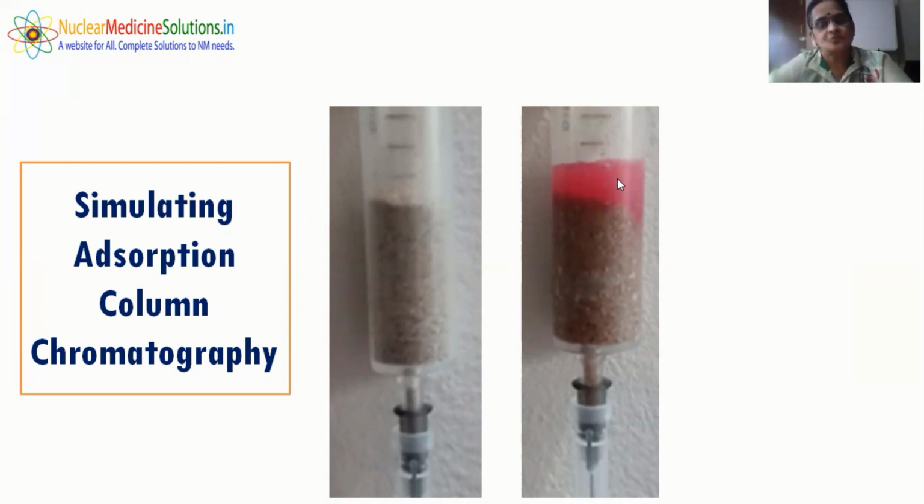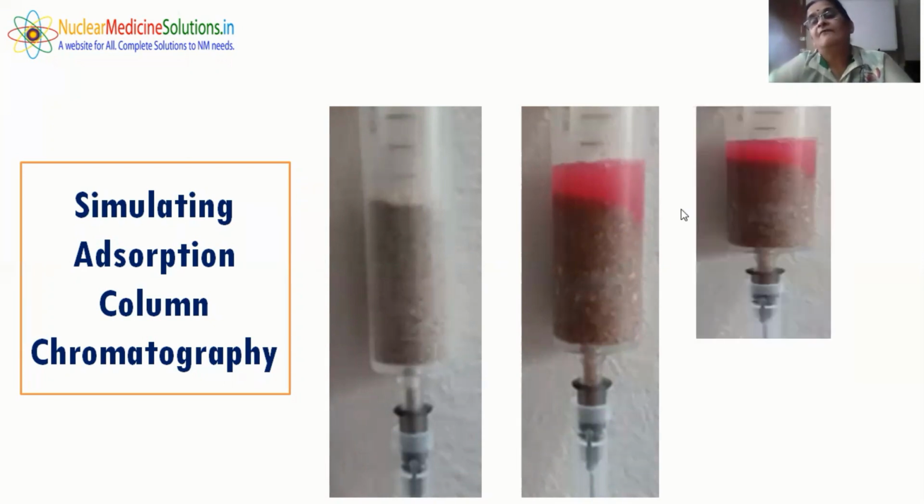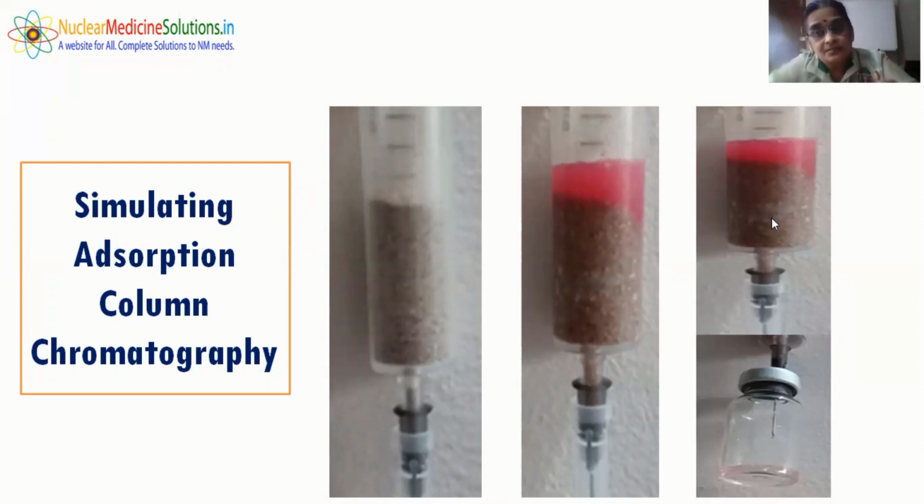And here, just to get the idea, I've taken a colored liquid as usual. When this liquid passes through this absorbent and is sucked in, what is being sucked is the daughter radionuclide. And how do we suck this?